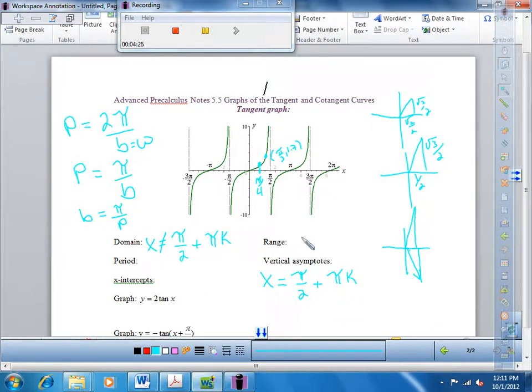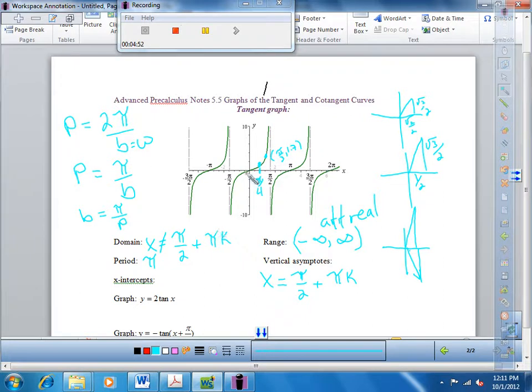And then the range of this goes from negative infinity up to infinity. So tangent can go from negative infinity to infinity, or all real numbers. Okay? And the period, like I said up here, is pi.